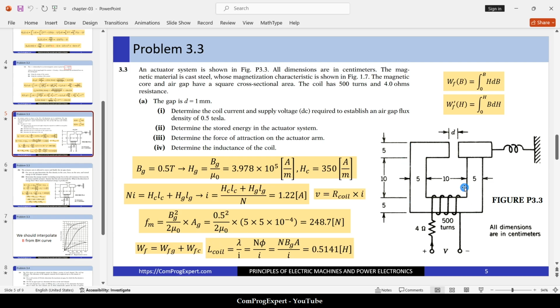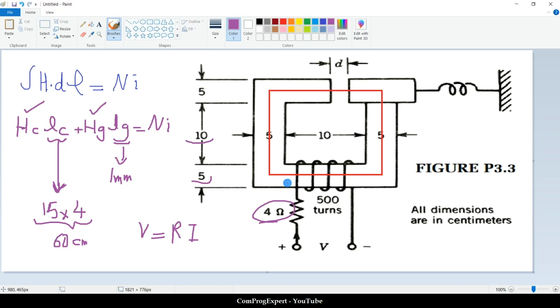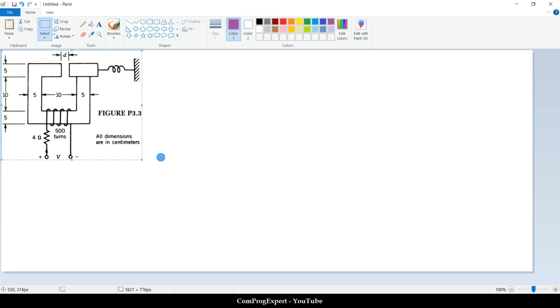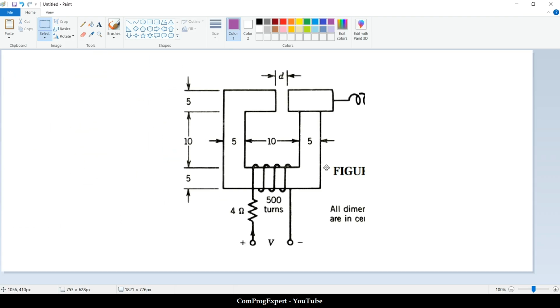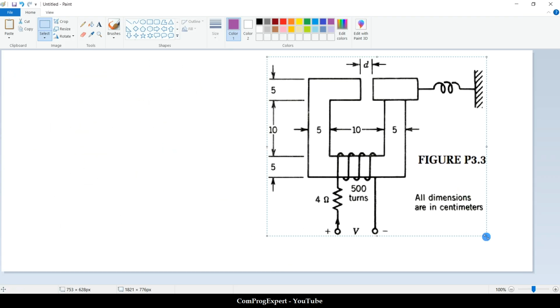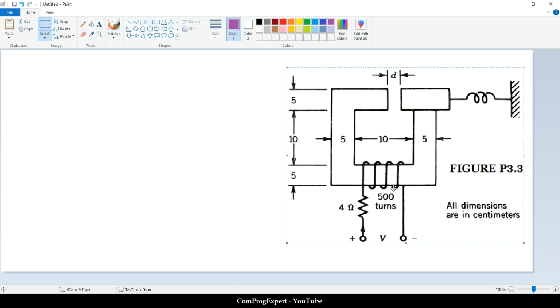Okay, so how much energy is stored in the air gap? You know that we derived the equations in the previous video. So here we have this field in the air gap.